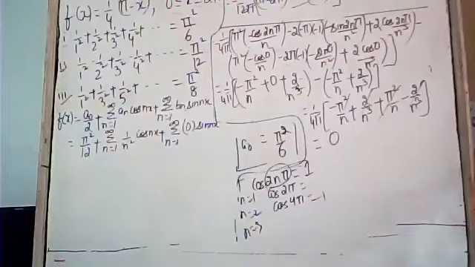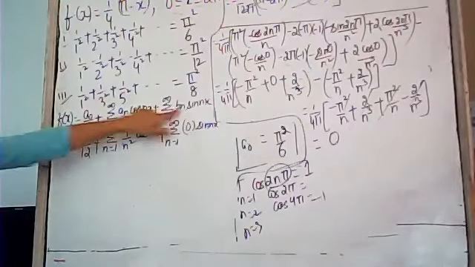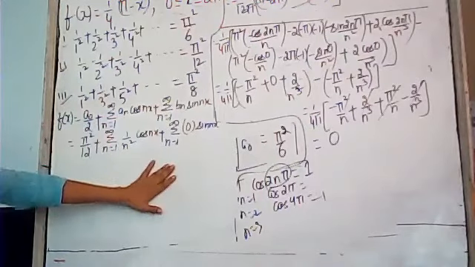Okay, we have substituted the values of a naught, an and bn here and we get this Fourier series.